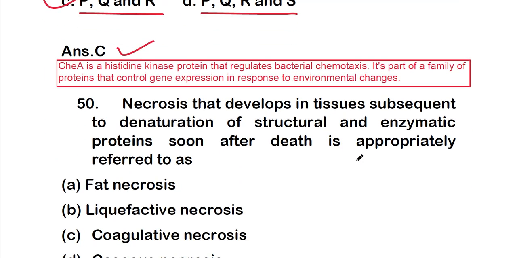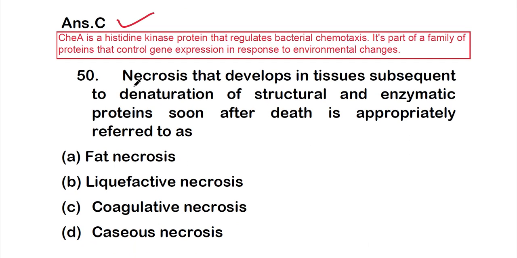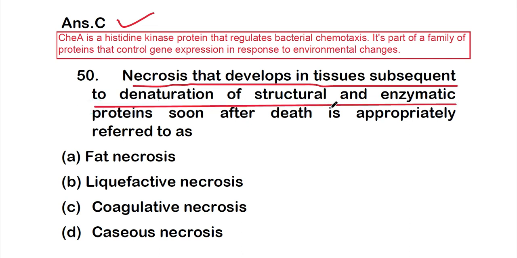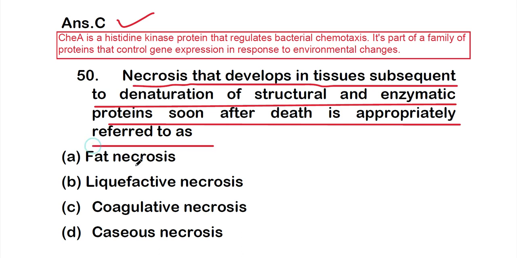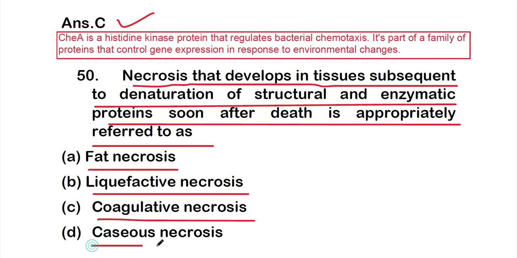Okay. So the last question of this video: necrosis that develops in tissues subsequent to denaturation of structural and enzymatic proteins soon after death is appropriately referred to as: option A, fat necrosis; option B, liquefactive necrosis; option C, coagulative necrosis; or option D, caseous necrosis.